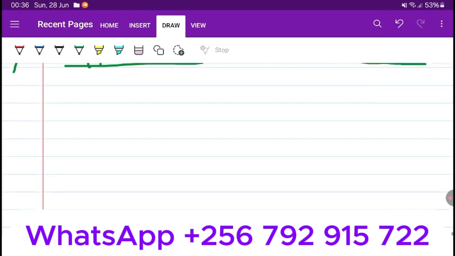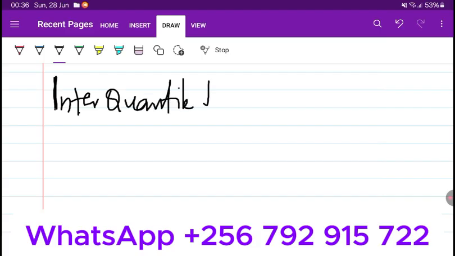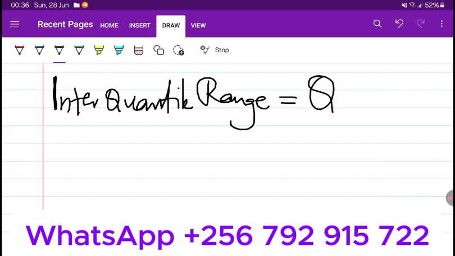And the interquartile range, we know what a range is. Of course, a range is a difference. But now this difference is between the highest quartile minus the lowest quartile. So we are getting Q3 minus Q1, the upper quartile minus the lower quartile.